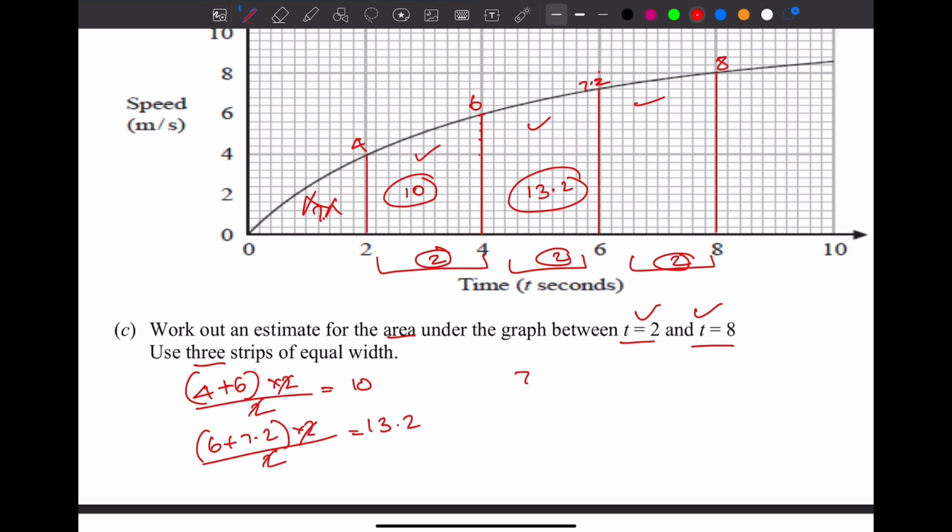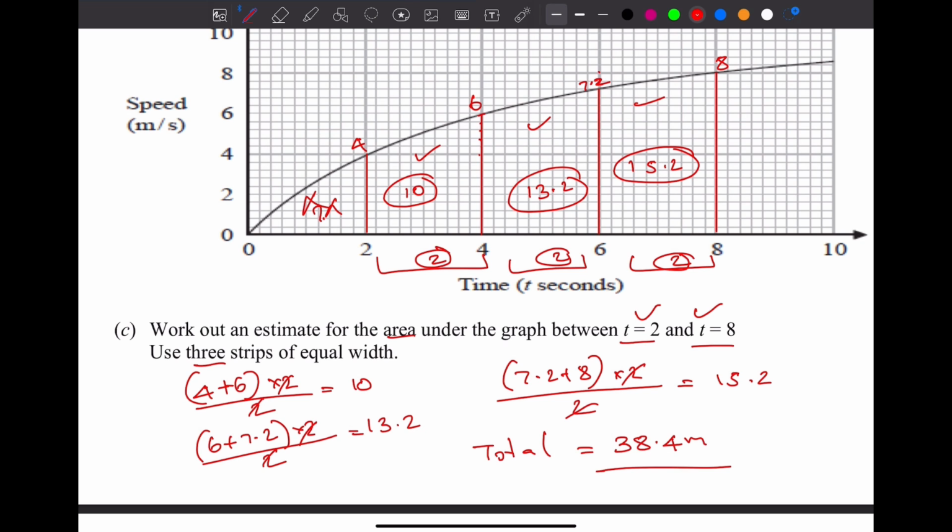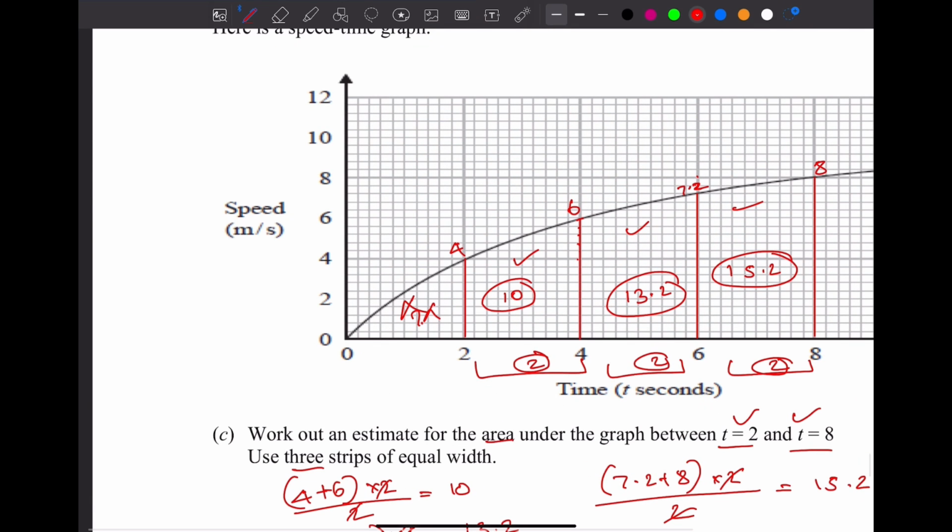Next one, 7.2 and 8 times the height divided by 2, 15.2. We do a total area, remember, I'm going to use a calculator: 10 plus 13.2 plus 15.2 will make 38.4 meters of length. Very simple. That's a very quick paper to do, isn't it?